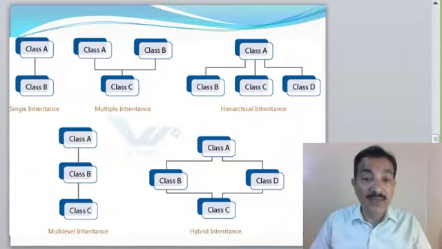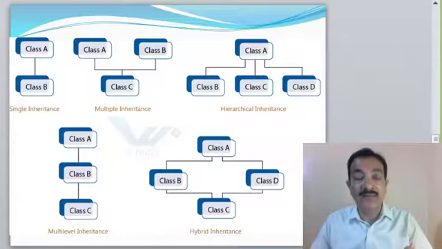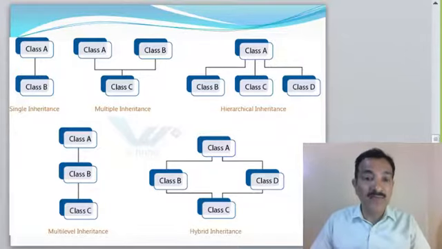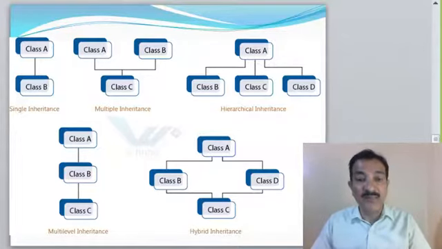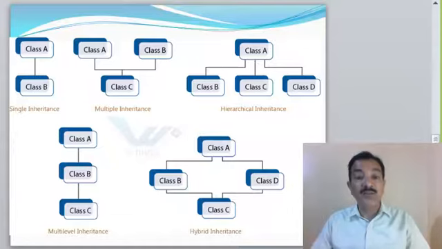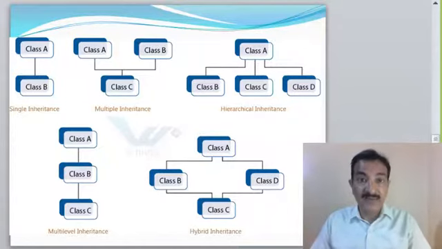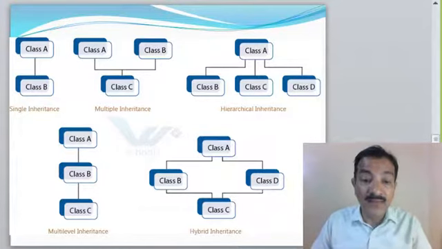Now, if you have a class A as a base class and that is derived by the class B, so the derived class B is inheriting the base class A, then you have another class C which is a derived class which is inheriting the class B as its base class. So it becomes a multi-level inheritance.